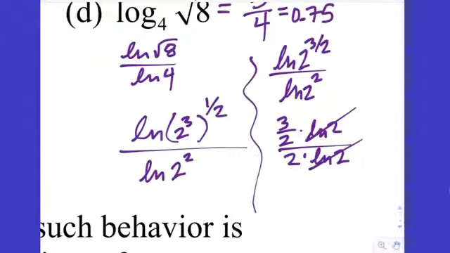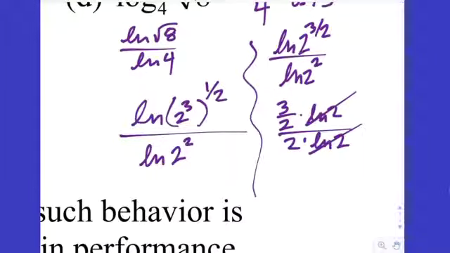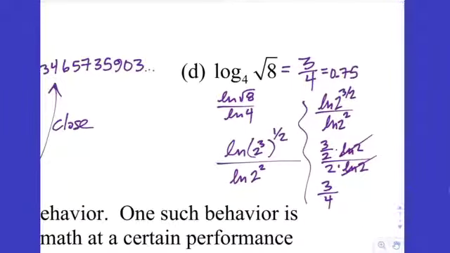They leave a 1. So now we have 3 halves divided by 2, which is the same as half of 3 halves. What's half of 3 halves? 3/4. And that is no longer just an approximation. That is the exact answer. 4 to the 3/4 power is the square root of 8.